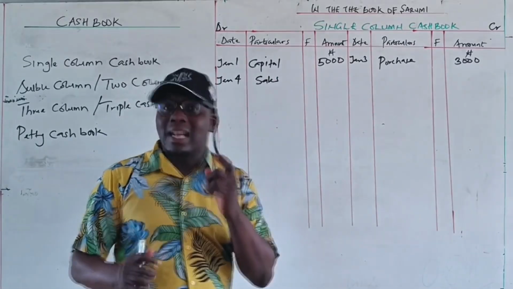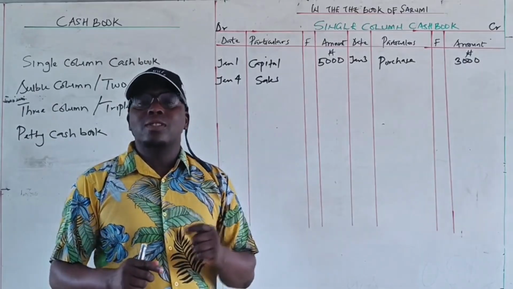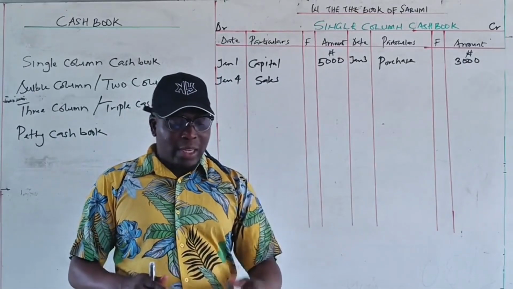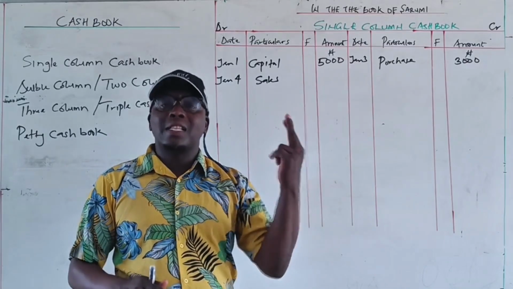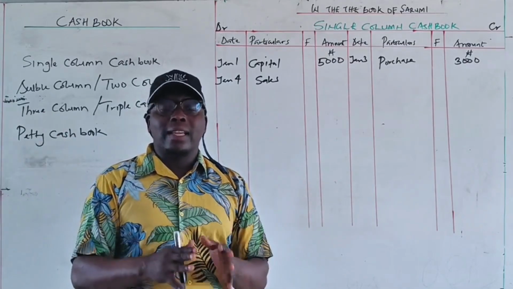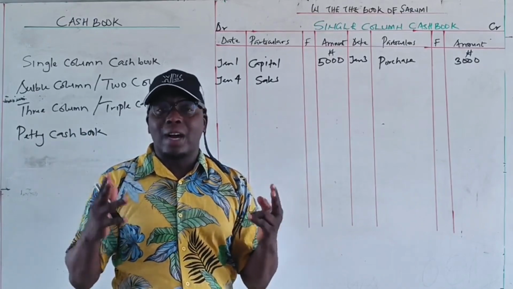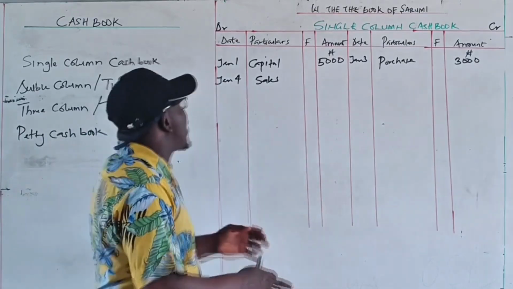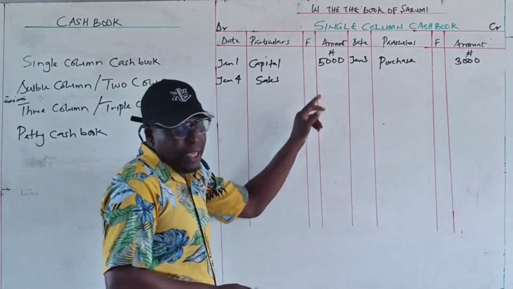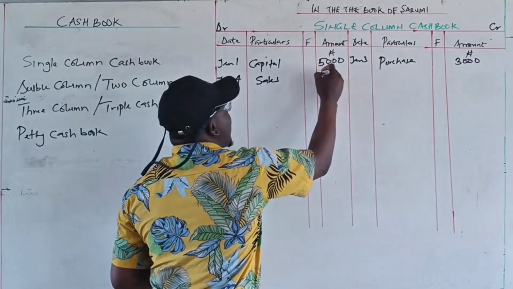We need to understand and identify which account and other account is involved in this transaction. So in this particular transaction, we have the sales account and we have the cash account involved. Those are the two parties of account in the transaction. So we are reporting sales under our particulars, under amount, which is 4,000 naira.